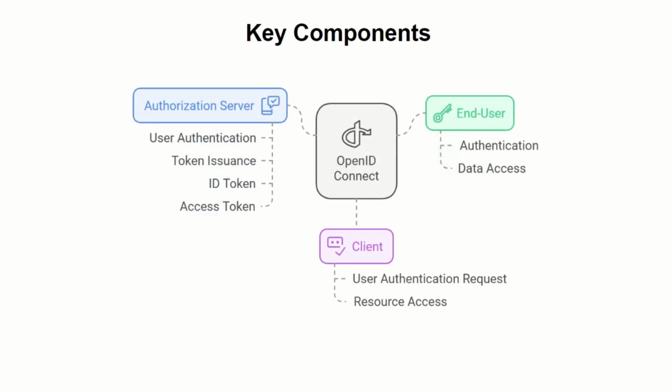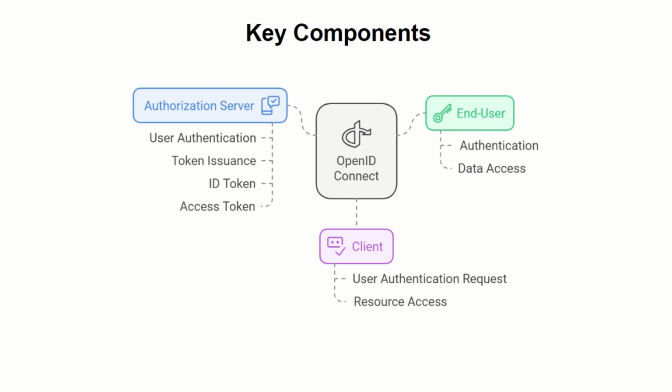The key components of OpenID Connect are the end user, the user who wants to authenticate and grant access to the data; the client, the application that wants to authenticate the user, like a website or mobile app; and the authorization server, the trusted identity provider, that is Google or Facebook again, that authenticates the user and issues tokens.